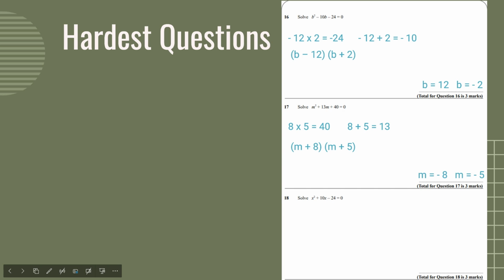Finally, for our third question, we're asked to solve x squared plus 10x minus 24 equals 0. 12 times minus 2 equals minus 24, and 12 minus 2 equals 10. So our brackets are x plus 12 and x minus 2, giving our values for x to be minus 12 and positive 2. And that, ladies and gentlemen, is the end of today's lesson.